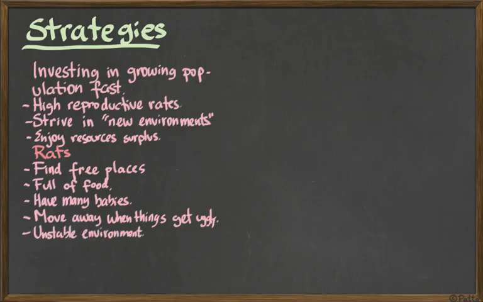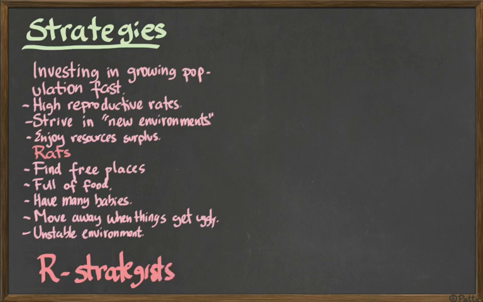They like unstable environments where you have a surplus of resources, and then not so much, and then surplus, and then not so much. And the name for this strategy is r strategist. Why? Because the population grows at a certain exponent.